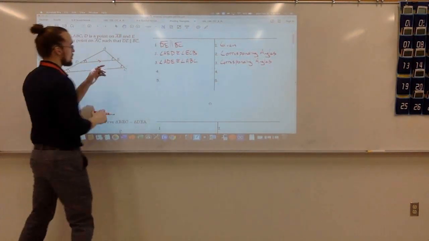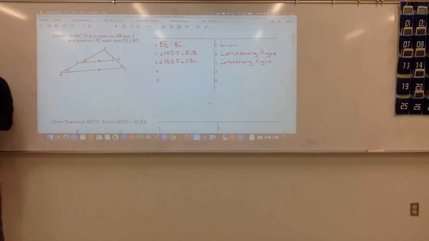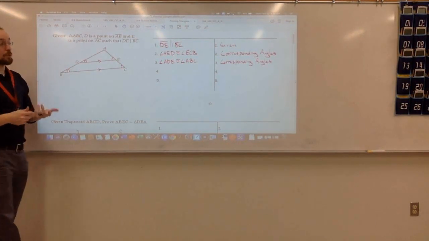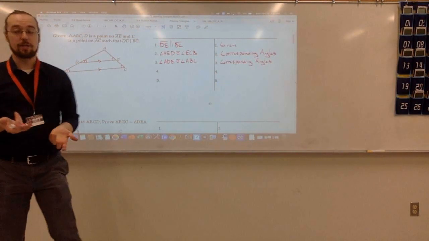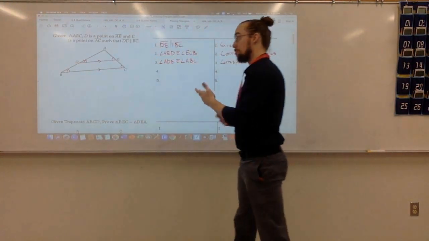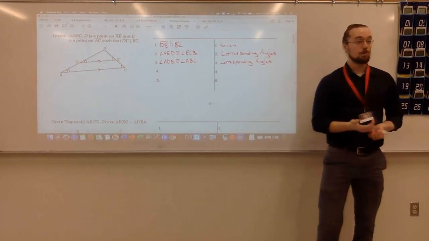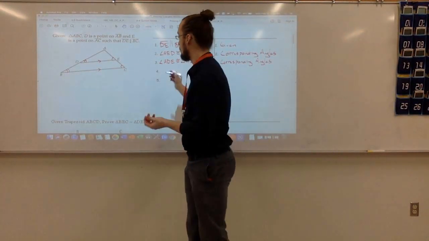So we've got these two triangles here. These two triangles share angle A, so we could actually say angle A is congruent to itself by the reflexive property as well. But we've already got two pairs of congruent angles, so we actually have enough to say that these two triangles are similar.